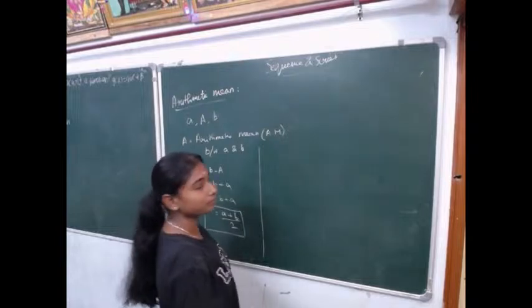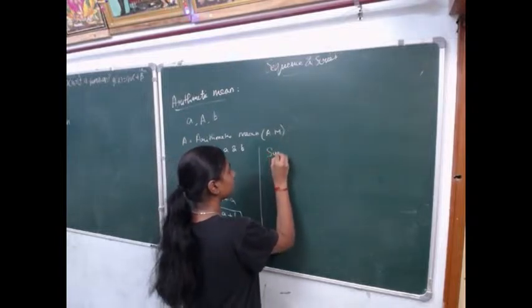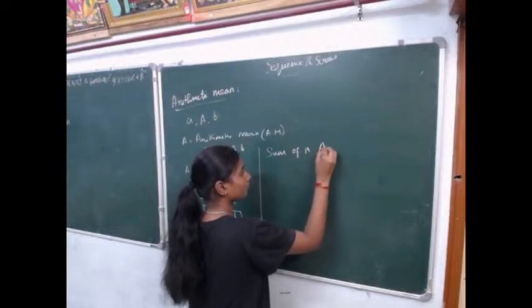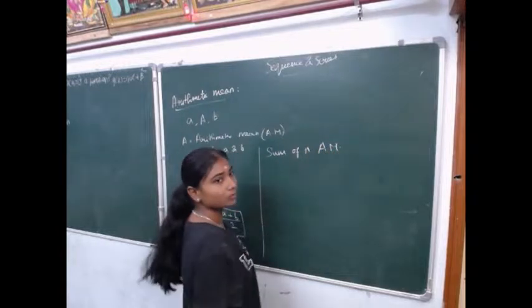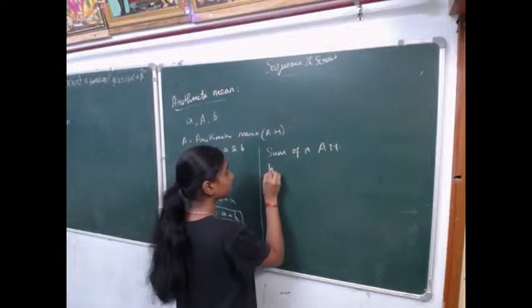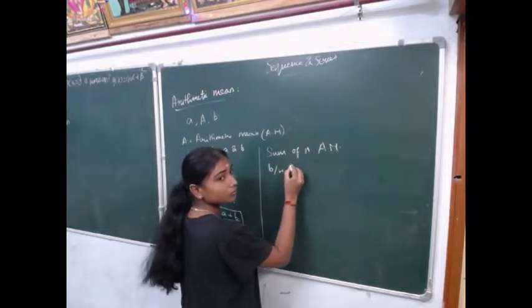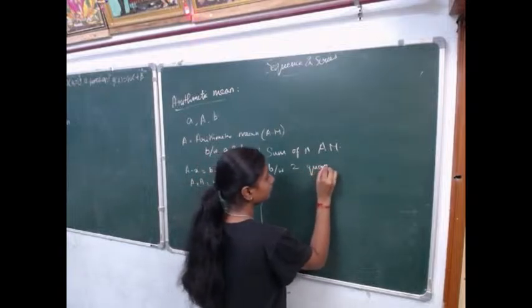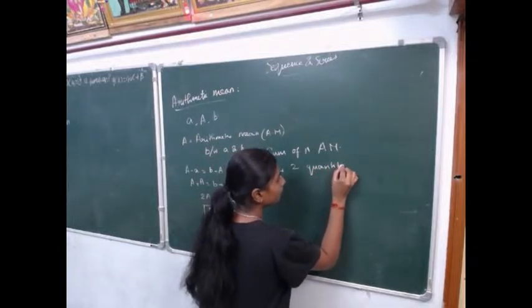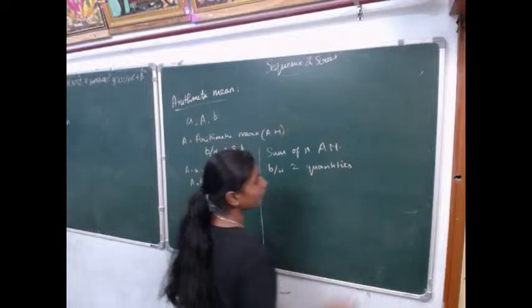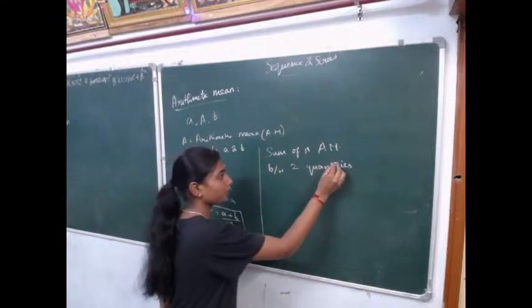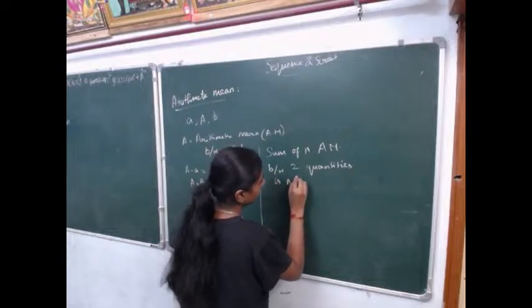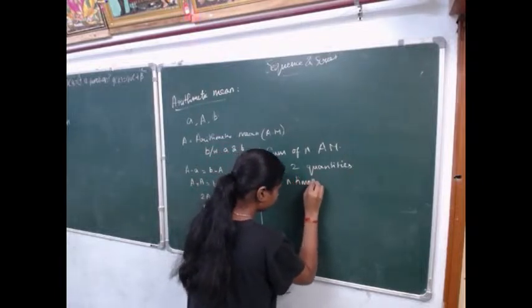So the sum of n arithmetic means between two quantities is n times the single AM.